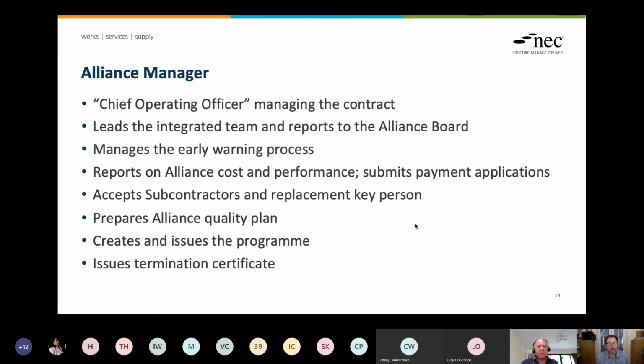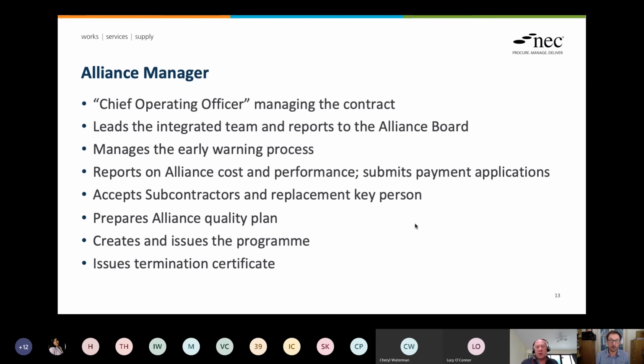Alliance manager. Okay, so the alliance manager, the COO, if you like, managing the contract. So this person is reporting to the board. They are managing the early warning process. Again, the alliance manager. Okay, we're thinking about one person here, but I always think of there's a group or a team. So it might actually be a few people who will ultimately help the alliance manager do the job that they've got.